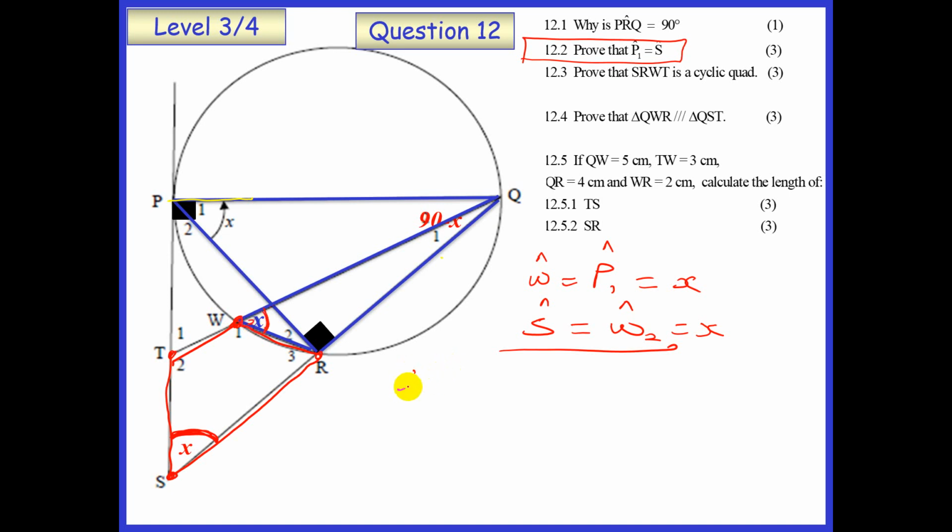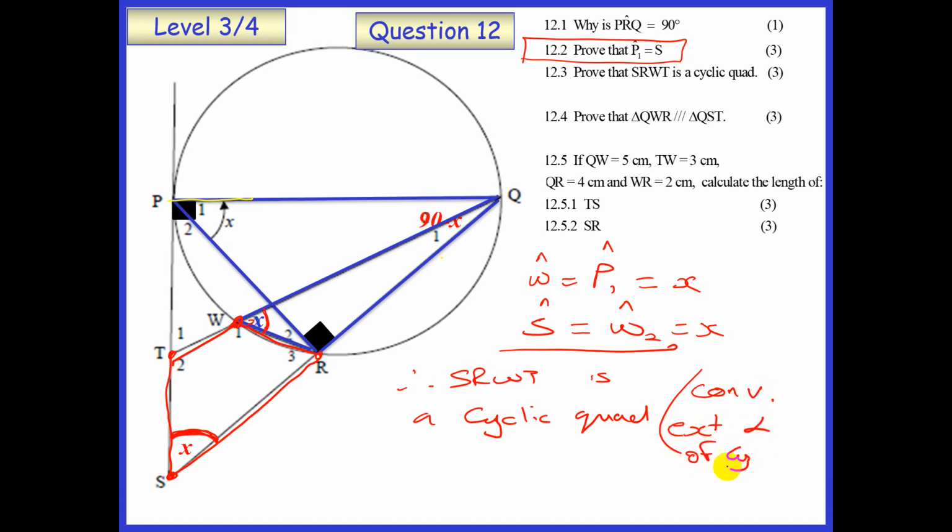So therefore, we can conclude that SRWT is a cyclic quad. What we are using here is the converse of exterior angle of a cyclic quad. And that proves question 12.3. We're now going to go on to similarity.